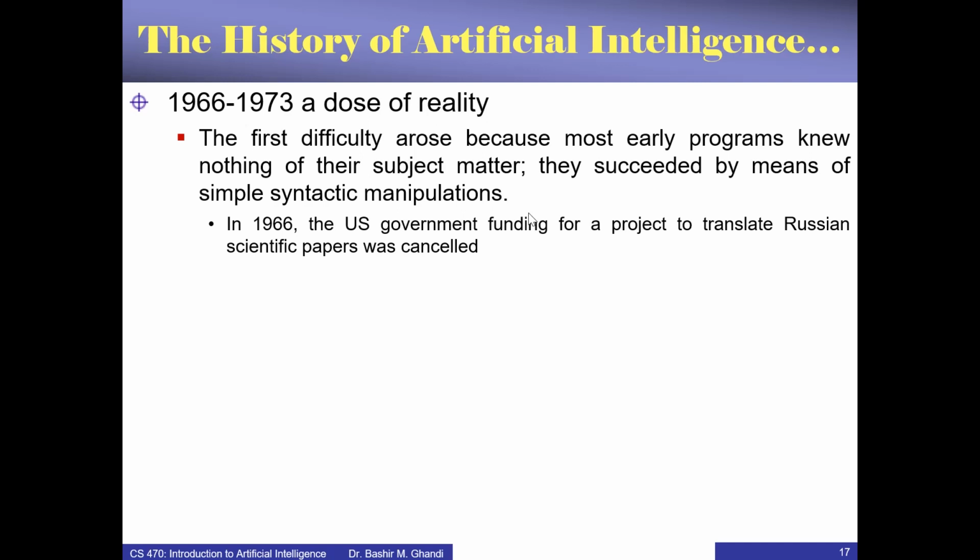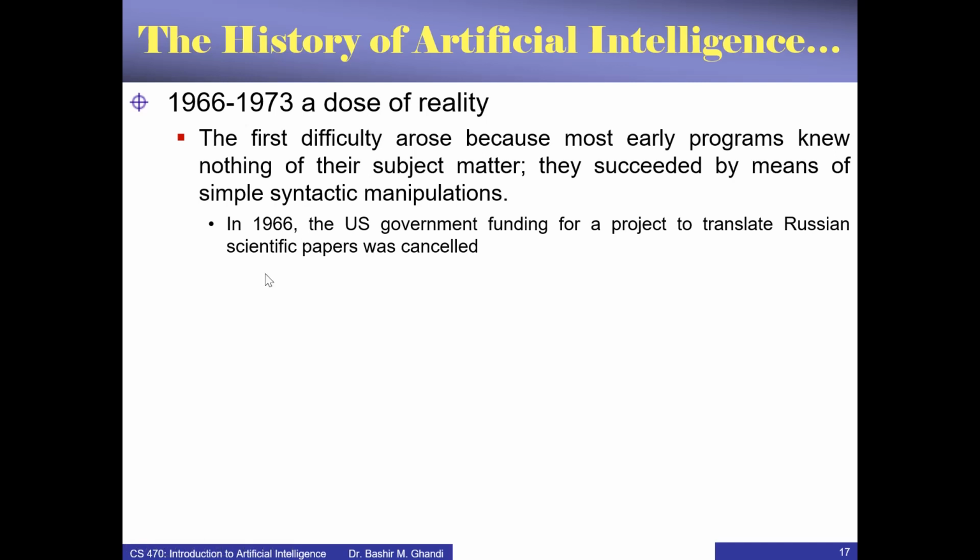They spent a lot of money on this, and after some years it was realized that the AI guys could not actually translate even a single scientific paper. As it turned out later, language translation is not a simple matter of syntactic manipulation. It actually requires a lot of background data and pattern recognition and so on. So they couldn't do it at that time, and therefore the funding was withdrawn by the government.